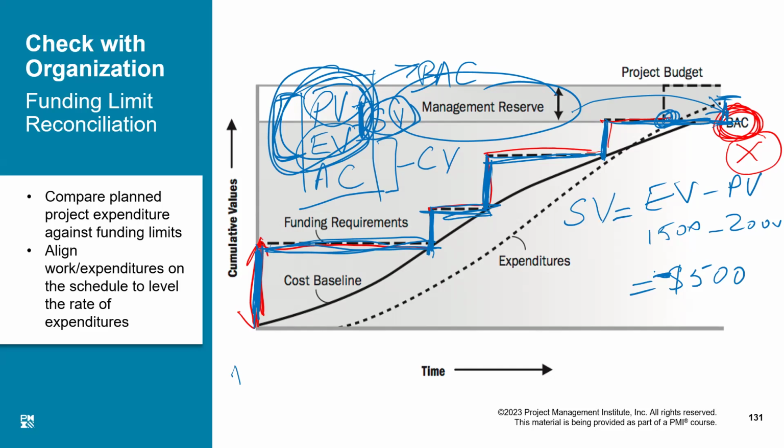The interesting part is I am talking about the schedule performance, but I am talking in terms of money, not in terms of time. That is a very interesting phenomenon, because this single diagram we are going to be using for calculating the variances of both kinds, schedule variance and cost variance.